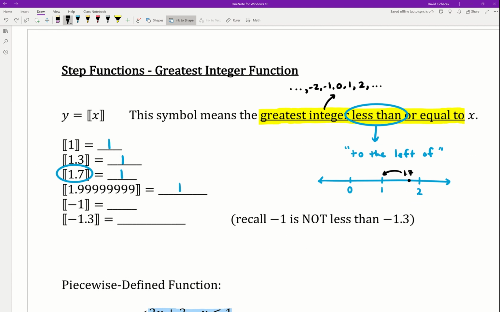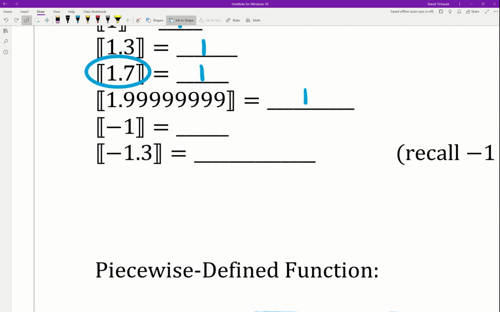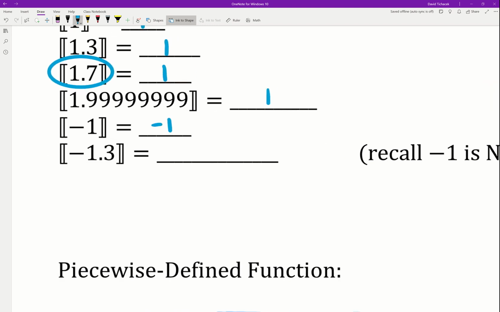And so when we deal with negative territory, that interpretation is going to be very important to keep in mind, because if you have the greatest integer of -1, well, we have less than or equal to, right? And -1 is itself an integer, so that result is pretty easy. We'll just say -1 there. But if you move on to the next one, -1.3. Remember, in terms of the number line, if you were to draw that, maybe say here's 0, here's -1, here's -2. -1.3 might be something that you graph approximately right here.